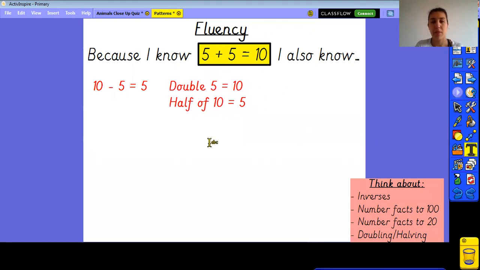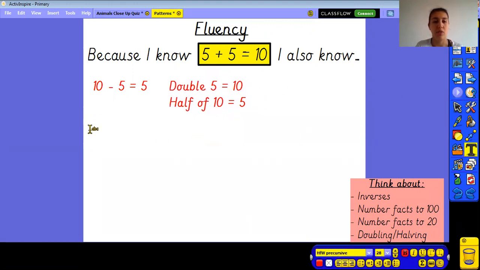Let's think about those number facts to 100 then. If I know that 5 plus 5 equals 10, then that must mean that 5 tens, which is 50, plus another 5 tens, which is 50, is also equal to 10 tens, which is 100.